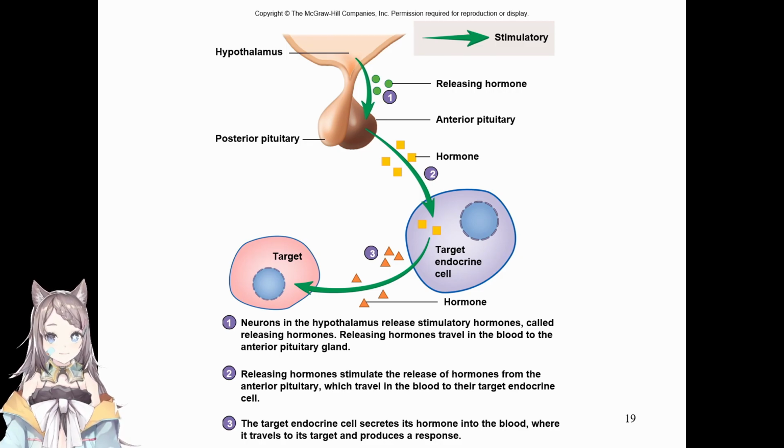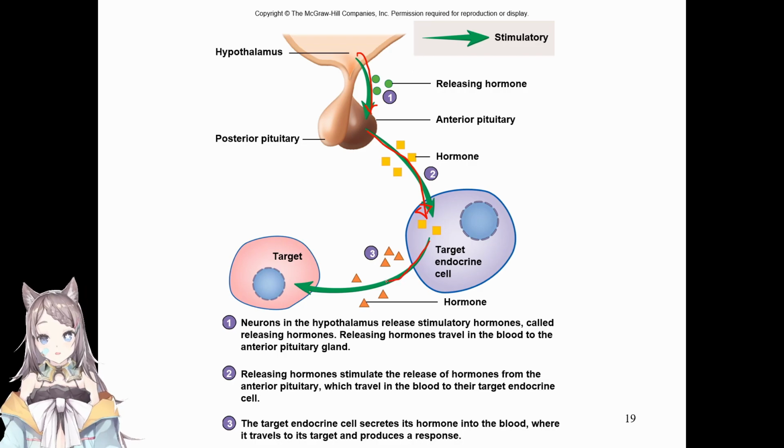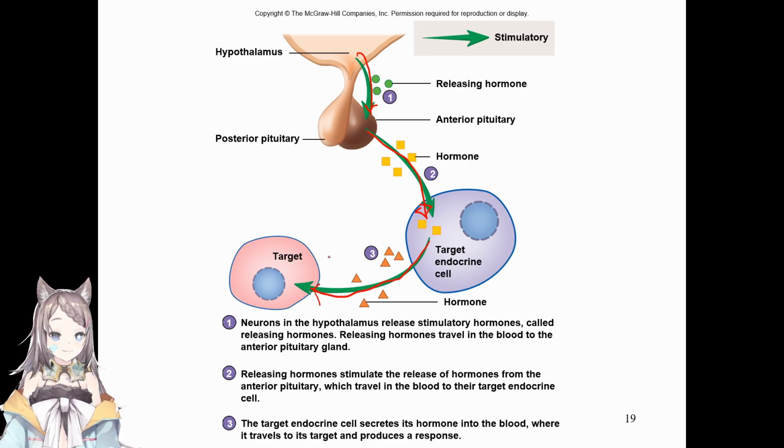So for example, our hypothalamus releases hormones to our anterior pituitary. The main job of the anterior pituitary is to release hormones that affect our endocrine cells, leading to, again, different hormones sent out to affect our target cells. Okay, so hormones may stimulate other cells to produce other hormones.